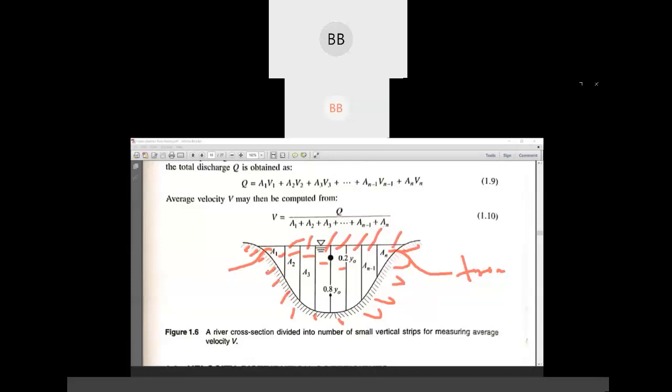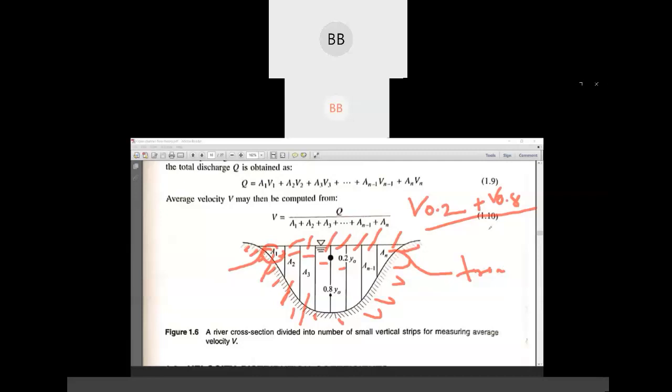Okay, so we find out all the areas, and then for each section we are going to find out the velocity by using that same equation. We find the velocity at two locations, and then we take the average for each one.